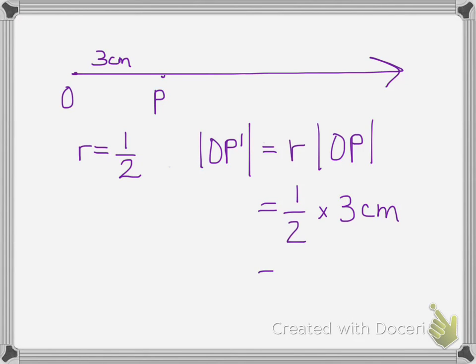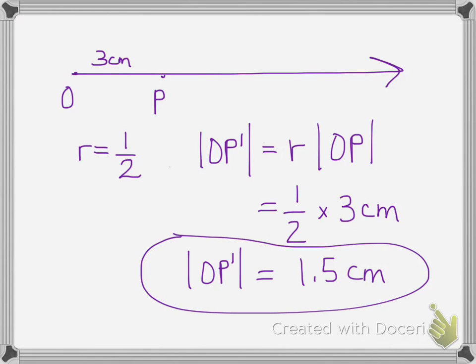So our distance from O to P prime, remember we're using these bars to mean distance, would be 1/2 times 3 centimeters, which would be 1.5 centimeters. So OP prime would be 1.5 centimeters.